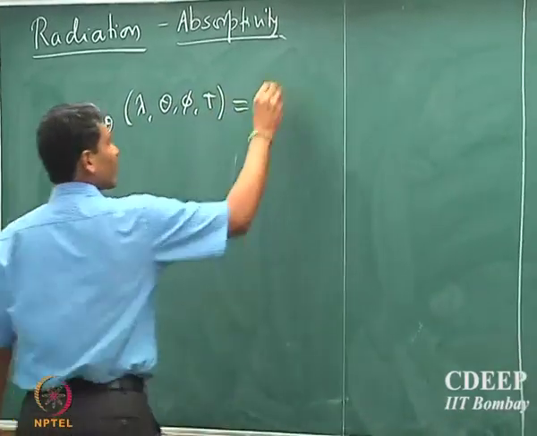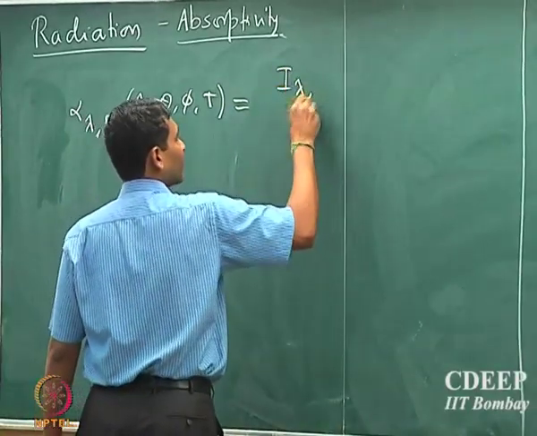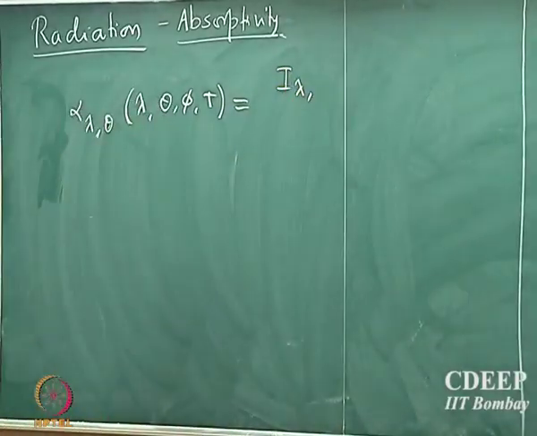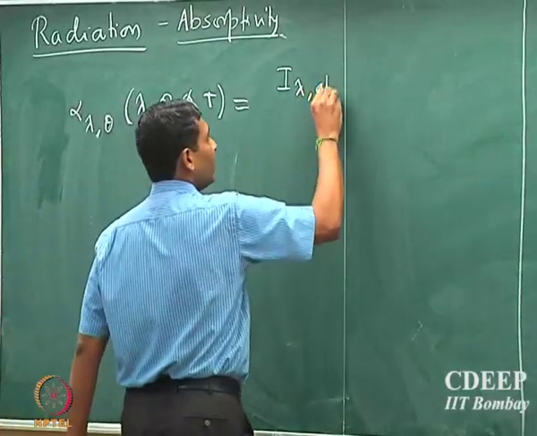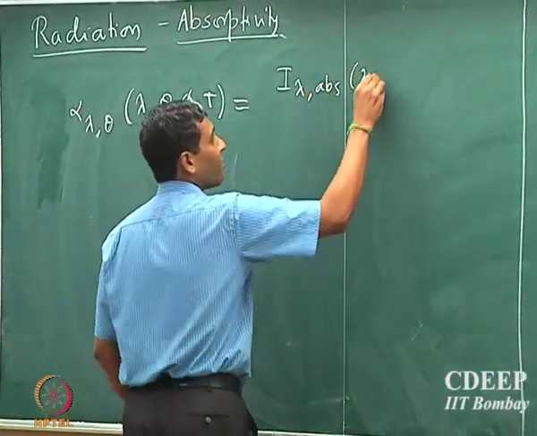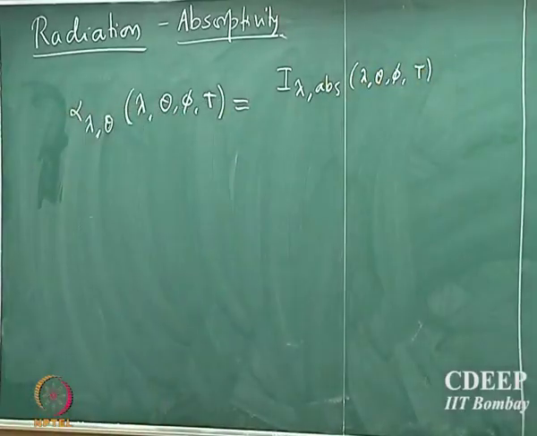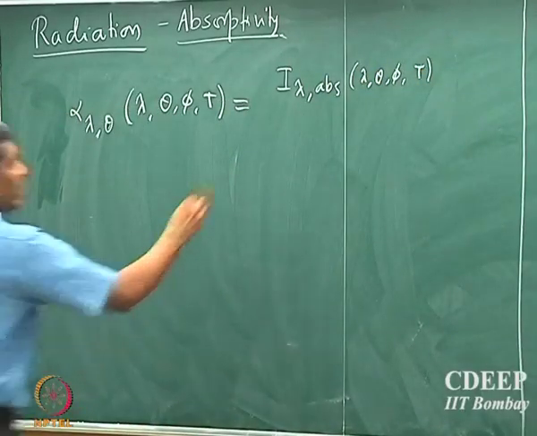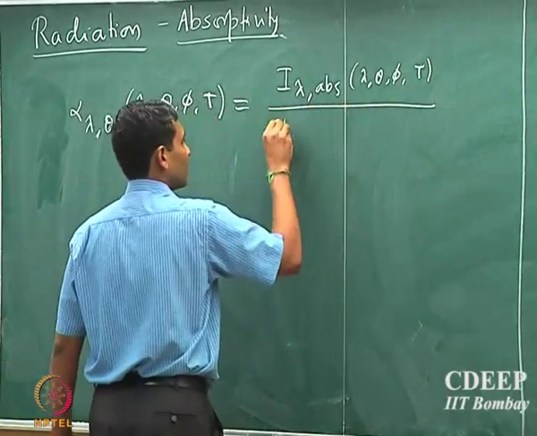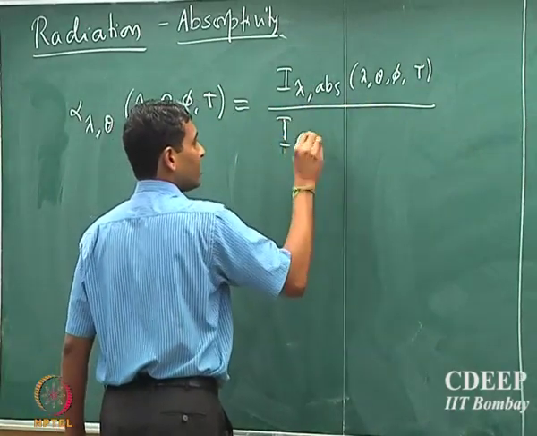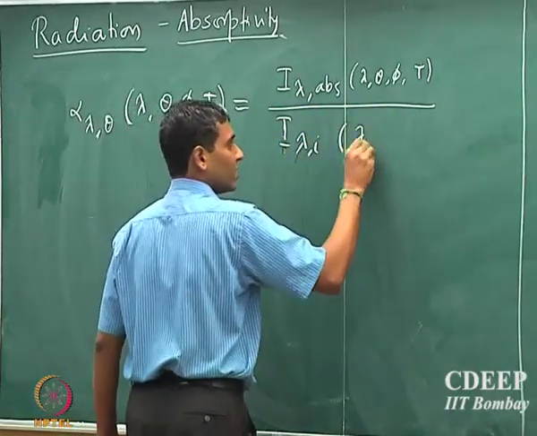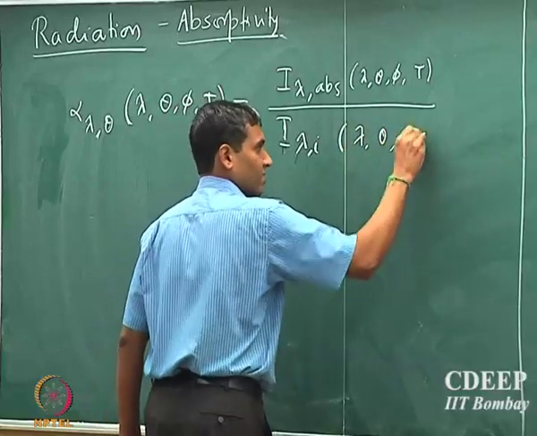It's defined as the ratio of the intensity of radiation that is absorbed, which is a function of position and wavelength, divided by the total incident radiation that is received by that surface.